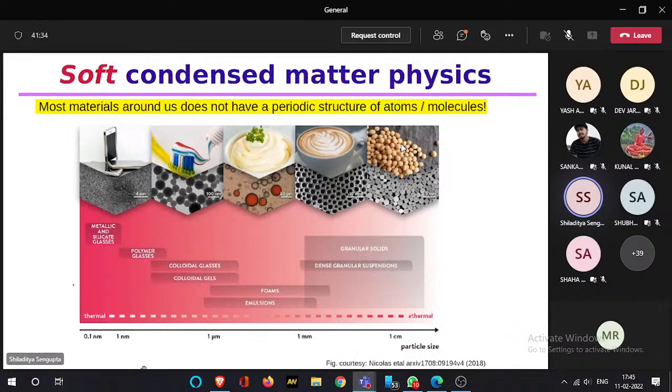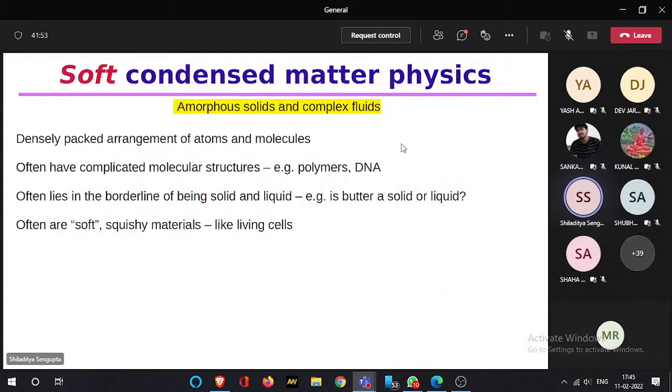That is why they are called soft, and as you see from these pictures, the building blocks can vary over an enormous size range, from nanometer scale to millimeter scale. In some materials you can observe them directly, and in some you cannot. Some examples are polymers, DNA, rubber, colloids, etc.